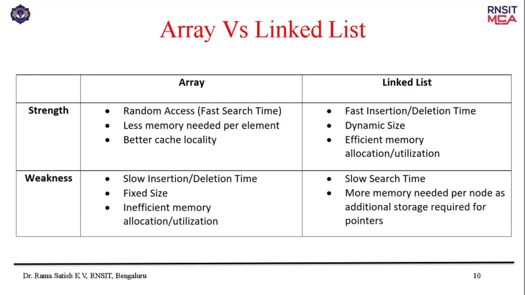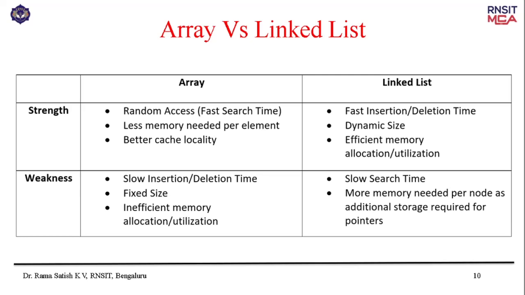Many times in the examination they ask you to compare arrays against linked lists and identify their strengths and weaknesses. This table talks about the strengths of the array. The first strength is random access.